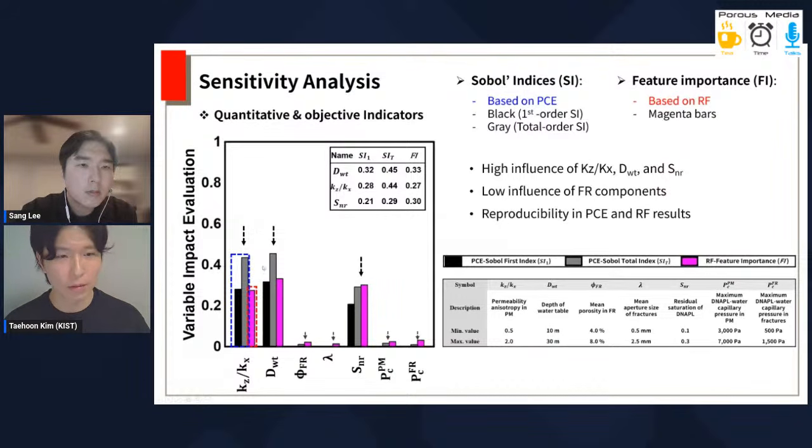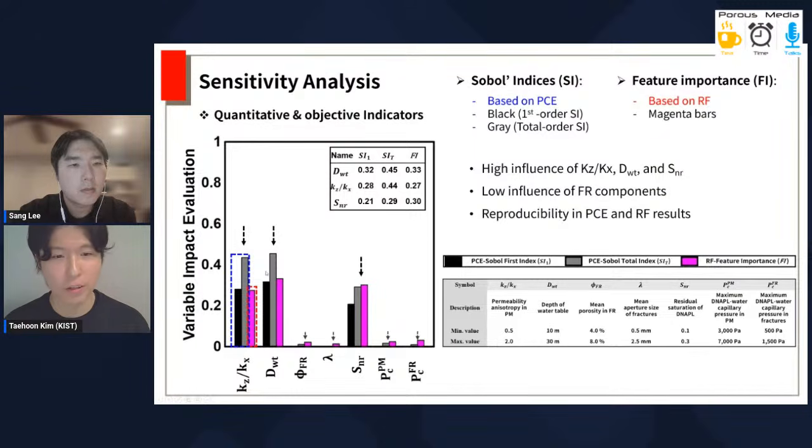As you can see, they show similar results, which means this sensitivity analysis is quite robust and reliable. And finally, we quantitatively identified the most important parameters in these scenarios: again, permeability anisotropy, depth of water table, and the residual saturation. So we can choose the properties that we have to focus on.